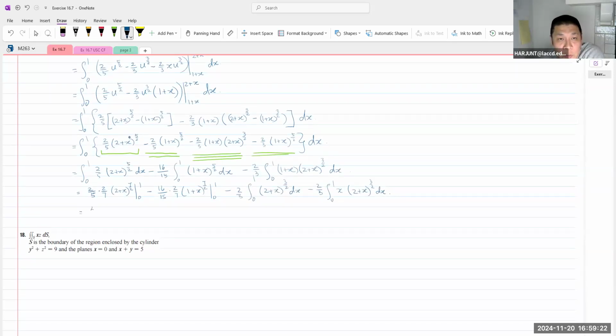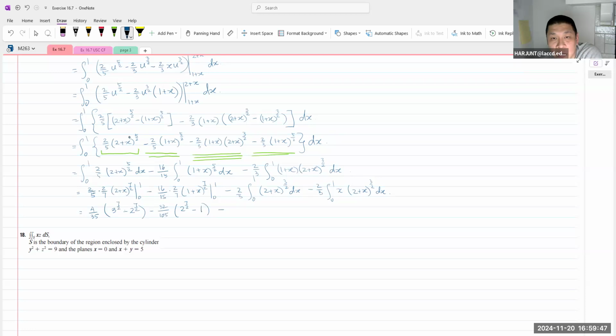Okay, so this is 4 over 35. When x equals 1, that will be 3 to the 7 halves minus 2 to the 7 halves, minus 32 over 105, 0 to 1. So that will be 2 to the power 7 halves minus 1.